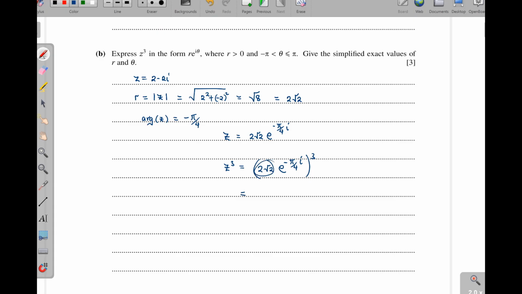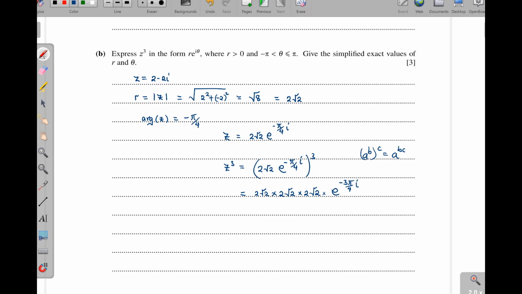Now, when we cube this one, it is the same as saying 2 root 2 times 2 root 2 times 2 root 2. Then for the part of e, using the rules of indices, if you have a power b, then power c, you are going to have a power b times c. That means here I'll have negative pi over 4, so I'll multiply it with that 3.